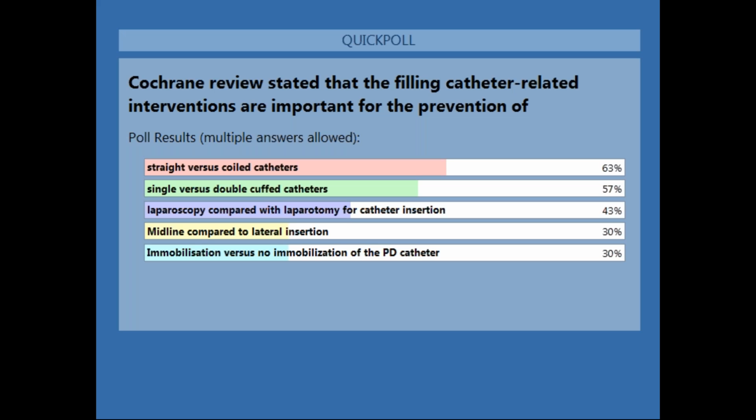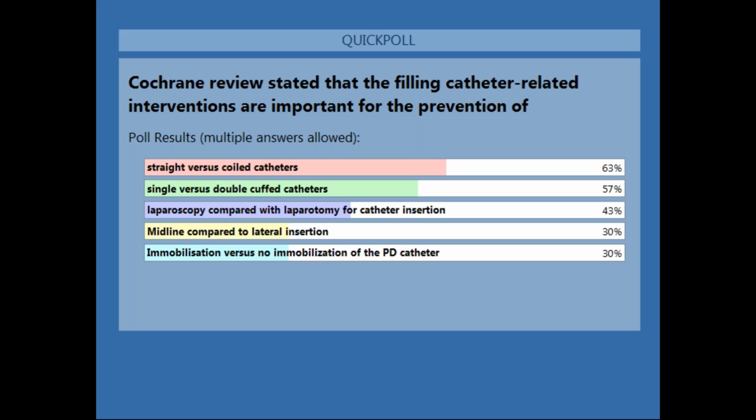But when you think about the Cochrane Review and the very high standard of evidence that they look at, what they believe through their randomized trials is that the only thing that determines the success of your PD catheter and prevention of peritonitis is the use of straight versus coiled catheters. These are the results from 3 different randomized trials.